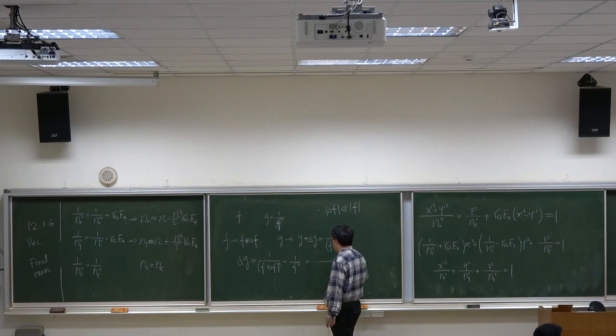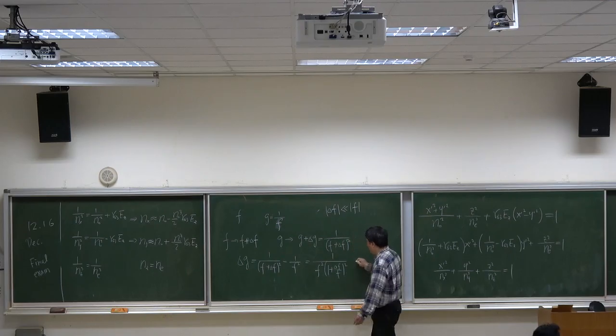then this can be written as f squared times (1 plus delta f over f) squared. Okay?